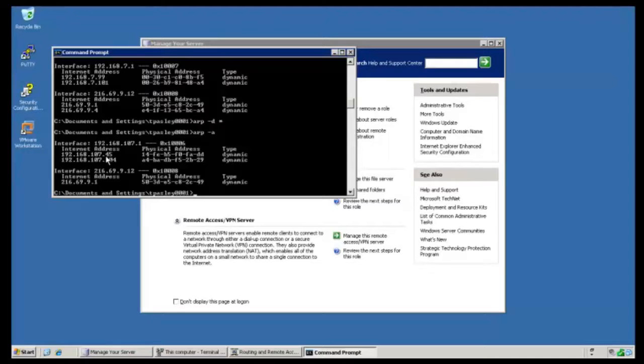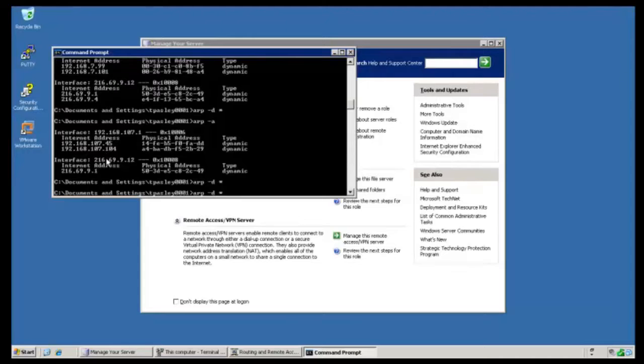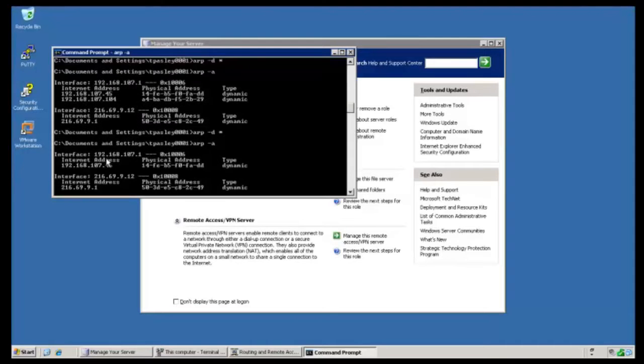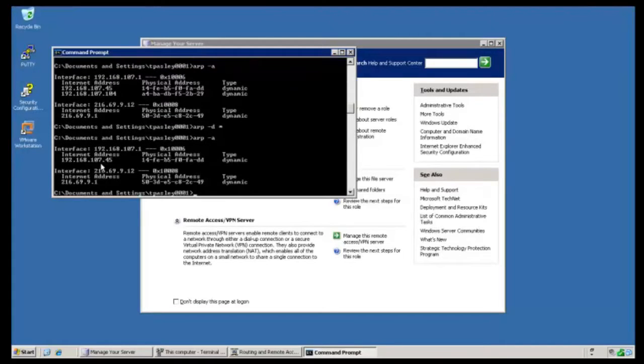It could be it's been checking mail or something that created an entry. So somehow or other we got rid of 104. Now my point here is, it's hard to keep everything out of the ARP cache on the server.